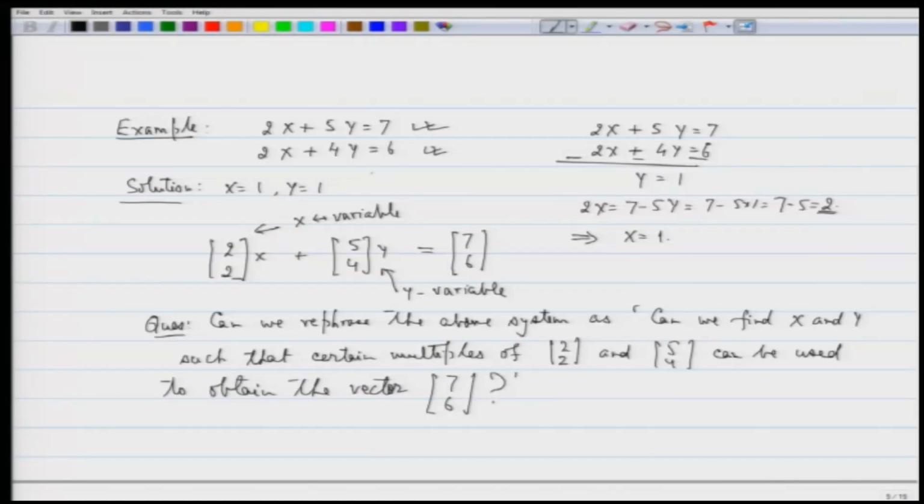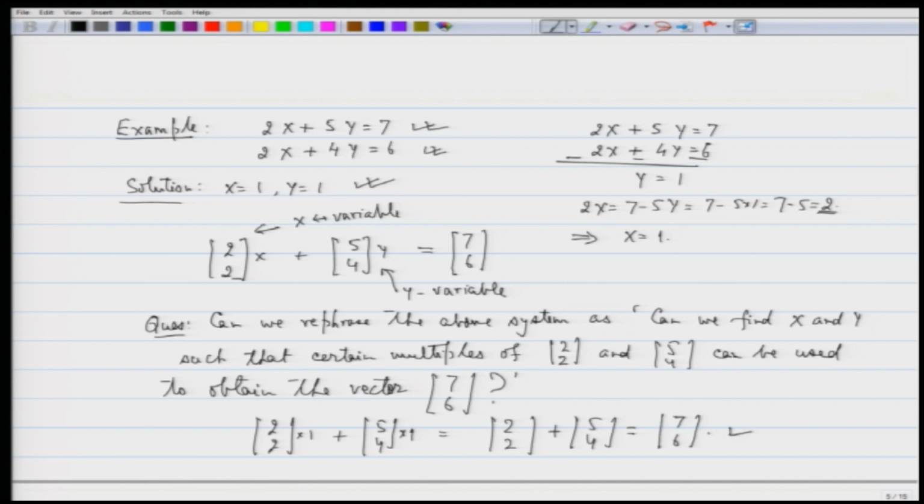So, here, as far as we are solving the system of equations, the solution was x was 1, y was 1. So, if I look at 2 2 times 1 plus 5 4 times 1, because y was also 1, this is nothing but 2 2 plus 5 4, which is nothing but 7 6.